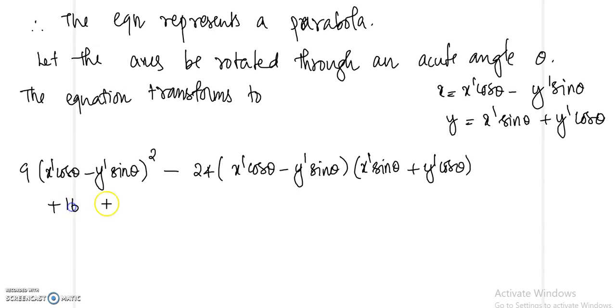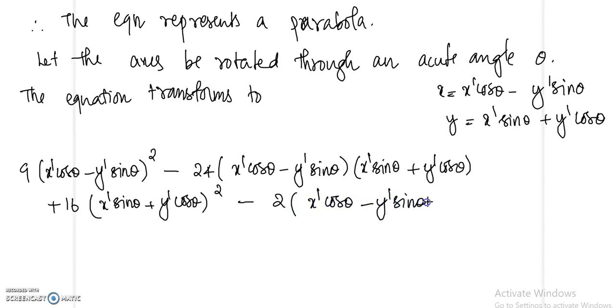Then we will get 16 into x dash sin theta plus y dash cos theta whole square, minus 2x, then minus 2y, so minus 2 into x dash cos theta minus y dash sin theta, minus 2 into x dash sin theta plus y dash cos theta, plus 5 equal to 0.